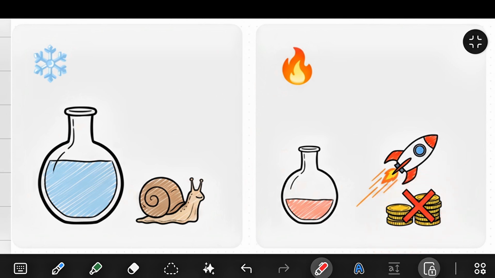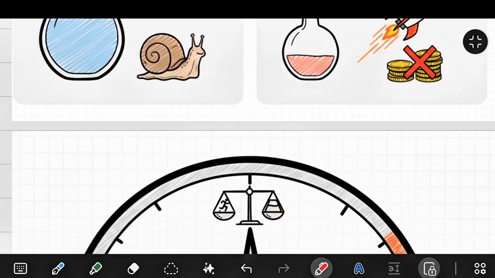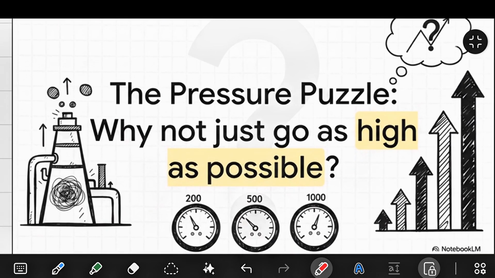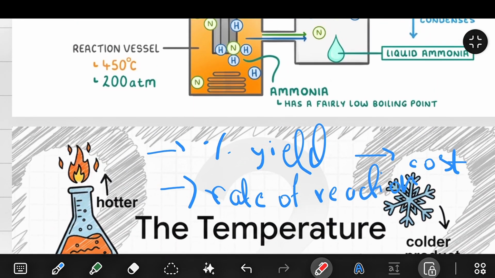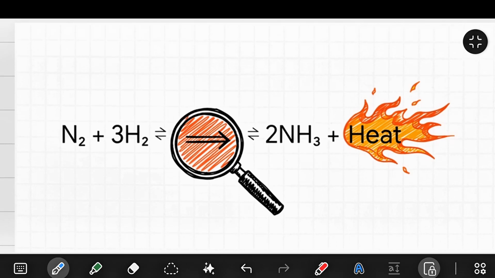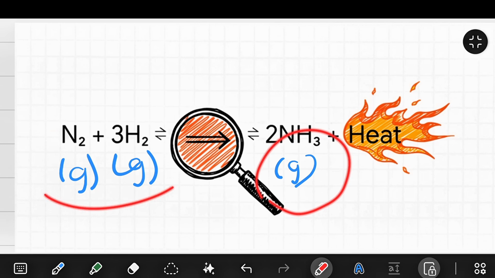So if we turn to pressure, time for pressure, in order to achieve a higher percentage yield of ammonia, we need to look at this reaction once again. I think you all remember when I taught Le Chatelier's principle, I told you one thing, which was that whenever we are talking about pressure, we will only consider all the reactants and products that are in the gaseous state.